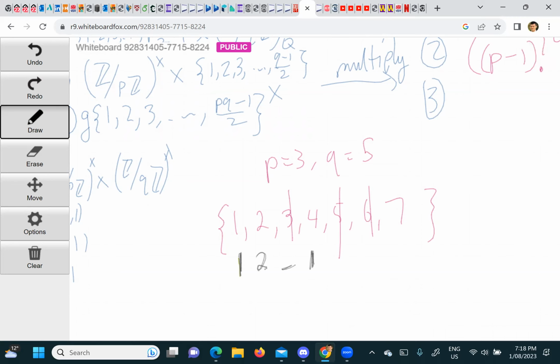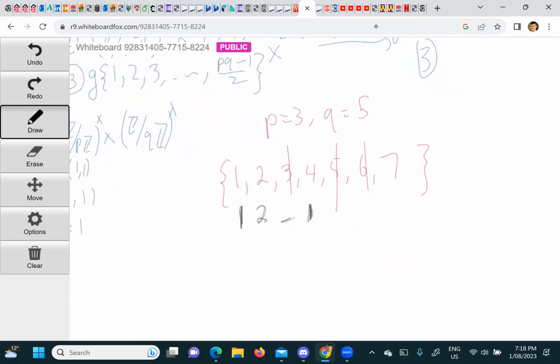The point is, you just keep going 1, 2, 1, 2, 1, 2. If q was bigger, you'd just keep going. But you don't get the 1, 2 at the middle. The 1, 2 in the middle is cut in half. See how there's only a 1 here? There's no 2.